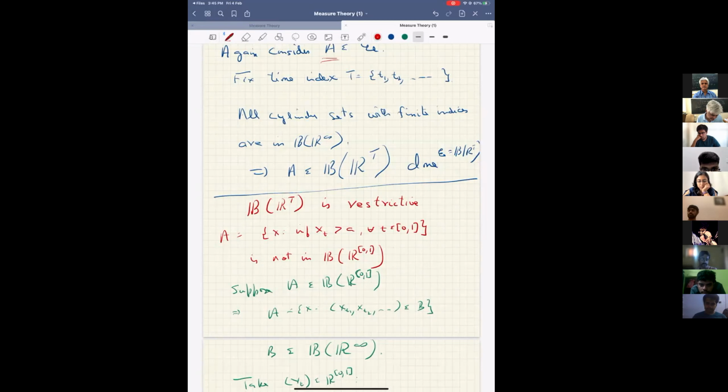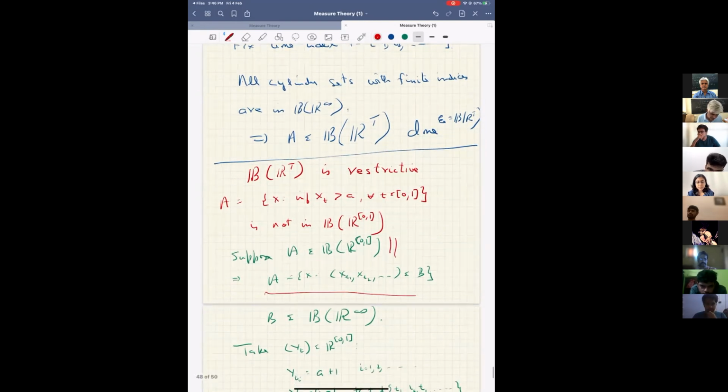So for example, let's look at this set A, which is the set of x such that x_t is greater than a, some small a, for all t between 0 and 1. And let's say we are looking at the Borel sigma algebra of R^[0,1], where our t set is just the interval 0, 1. So is this set A in our sigma algebra? It's not there, because you can't just look at countably many values of x and determine whether x_t is bigger than a or not. Suppose A was in B_R^[0,1], then A will have this form for some countable set t1, t2, and so on.